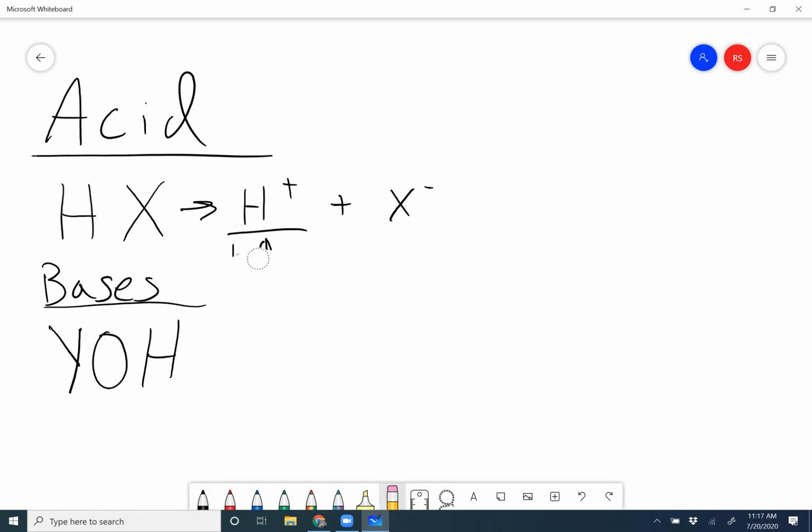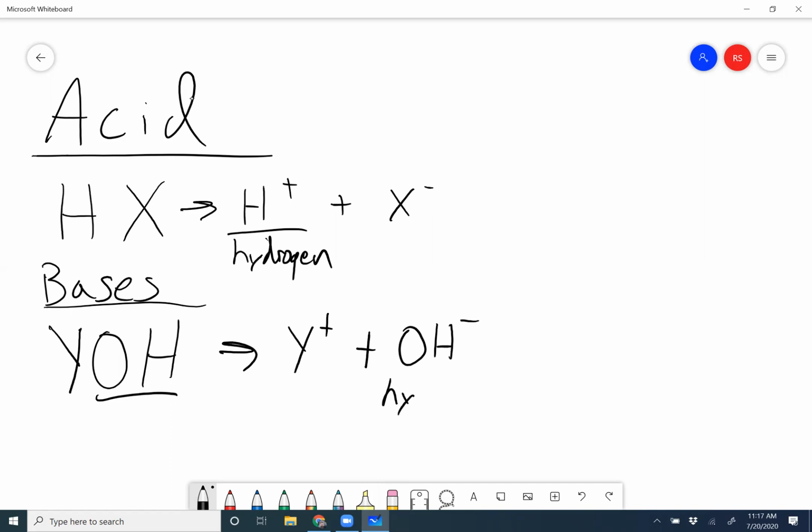Sorry, that's bad handwriting today. Hydrogen. And in this case, we have hydroxide as the anion. If you have hydroxide, you are a base. And the hydroxide ions are, like I said, bases.